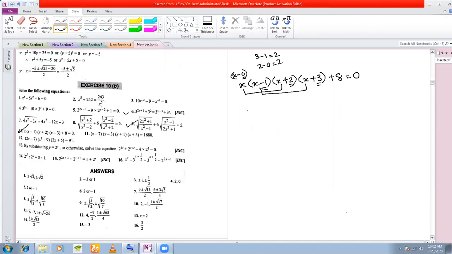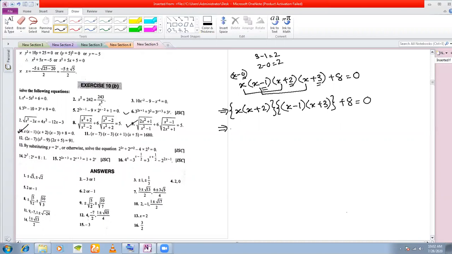See why I am telling you this, you will realize. So this is x into x plus 2. I group these two together. And I group the other two together: x minus 1 into x plus 3. And this 8 I write as it is.